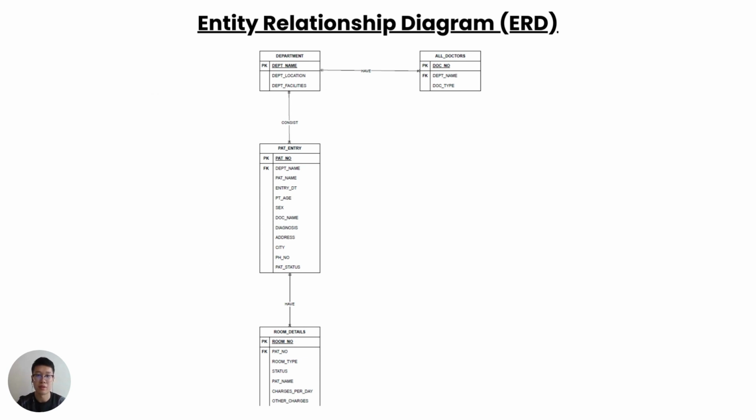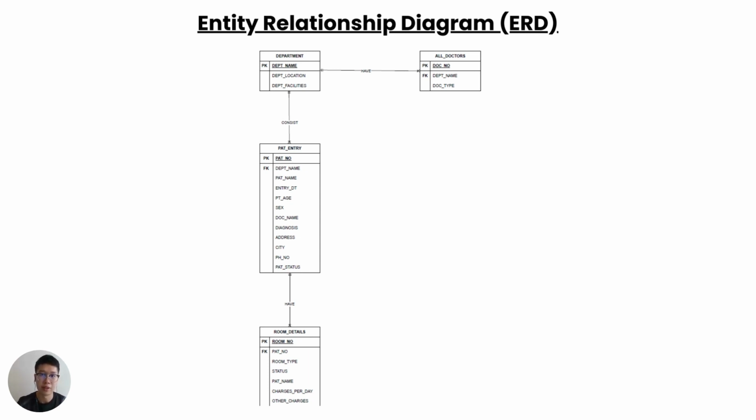Next, I would like to talk about the entity relationship diagram (ERD) of Mutiara Hospital. Before we create the ERD, we must follow the business rule. We must follow the business rule to create the ERD and also create the tables. There are relationships between the ERD and the business rule.